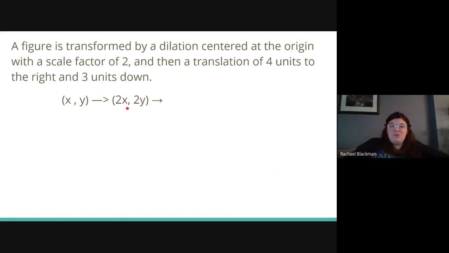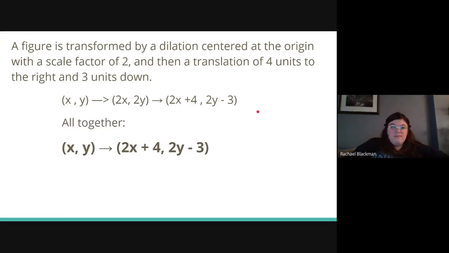So my x coordinate is technically 2x, right? Since we're using this point now as our pre-image. So (2x + 4, 2y - 3). There we have our dilation and our translation in one coordinate rule. So altogether, (x, y) is going to (2x + 4, 2y - 3).